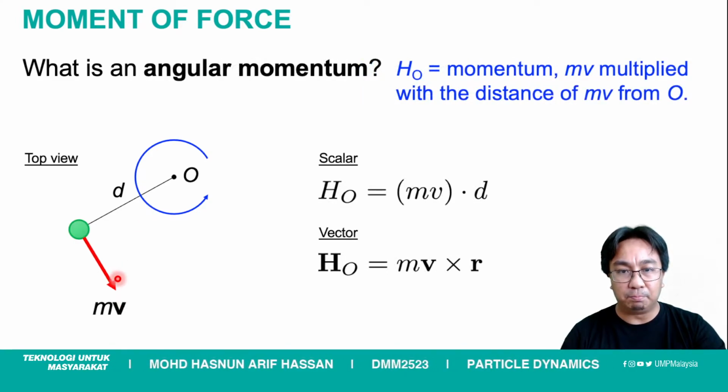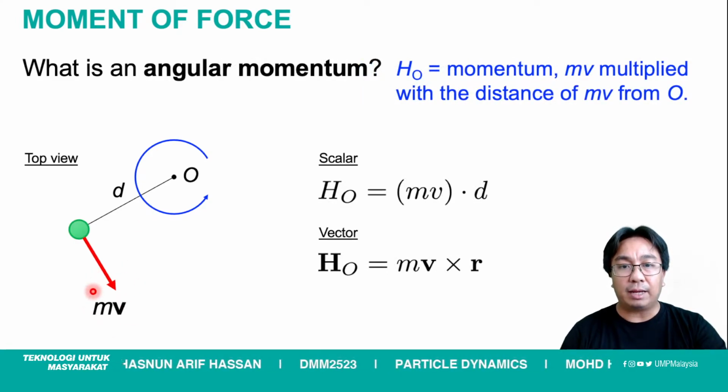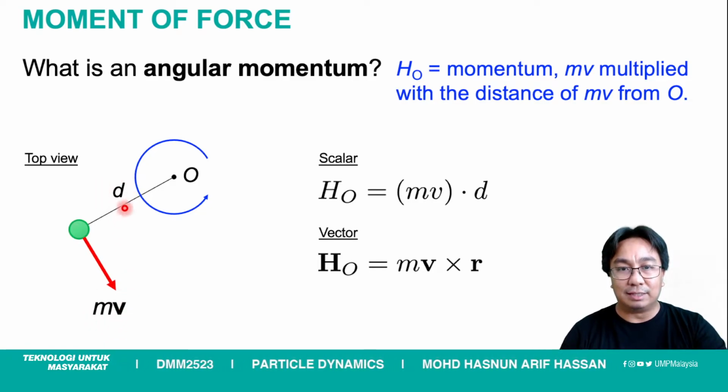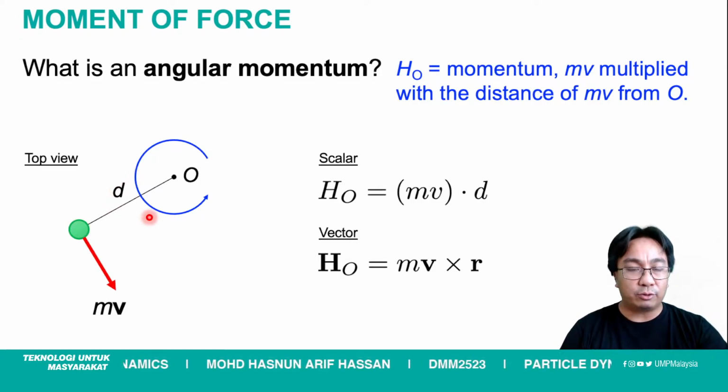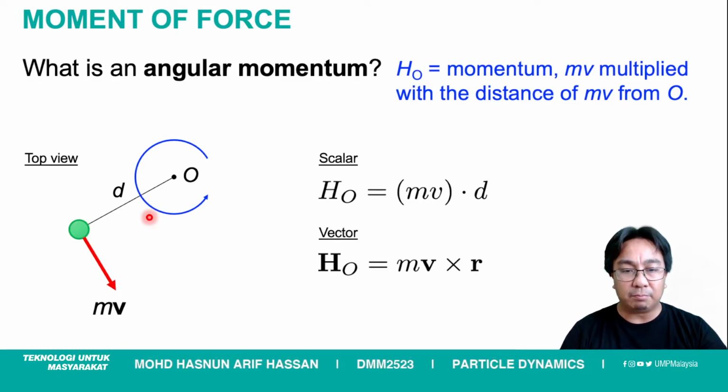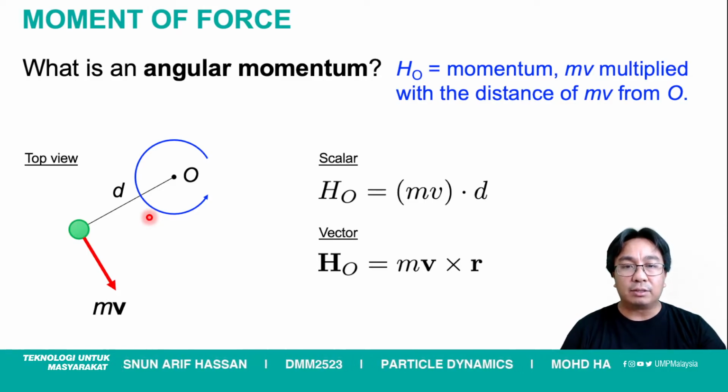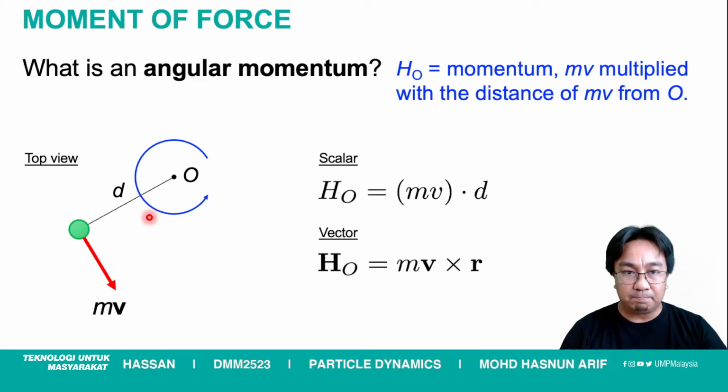Now force becomes momentum, m times v, multiplied with the distance D. So basically you can also say that the angular momentum is the moment of the momentum. Okay.